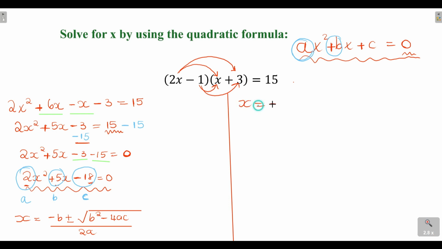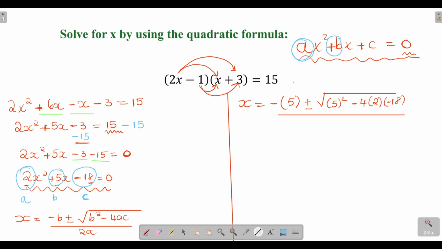Therefore, x is equal to minus b, which is minus 5, plus or minus the square root of 5 squared minus 4 times a, which is 2, times c, which is negative 18, all over 2 times a, which is 2.